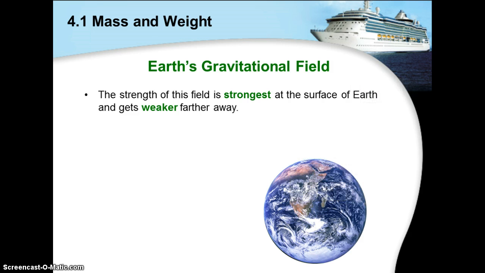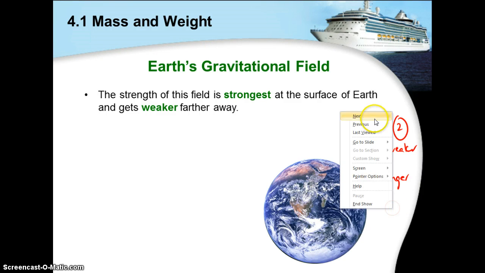Which means to say, if I place an object here as compared to here, position 1 and 2, at position 1 the field strength is stronger than here. As you go further and further away, it gets weaker and weaker until a point in time when it does not experience any more gravitational force.